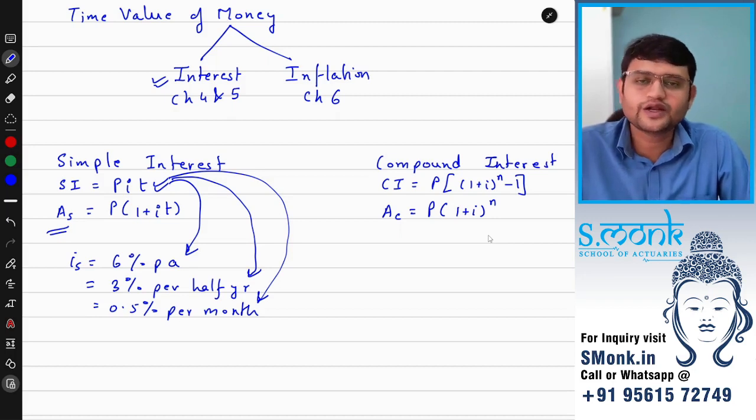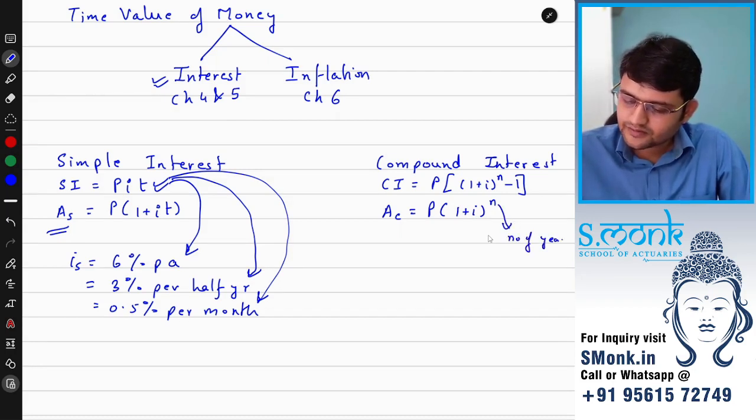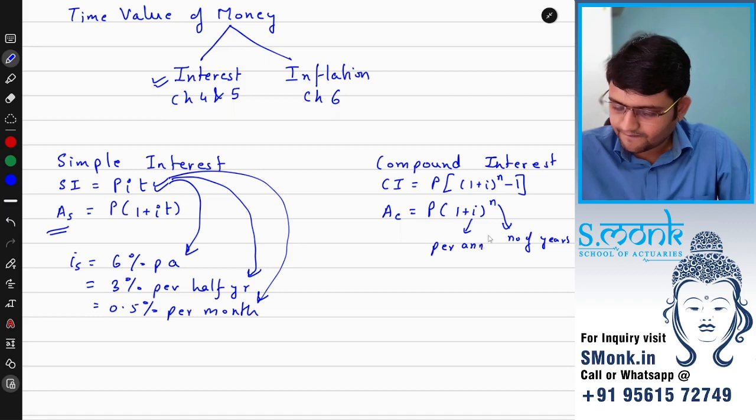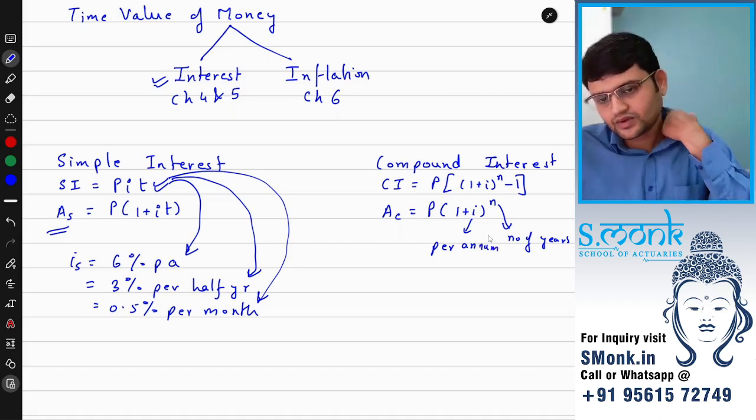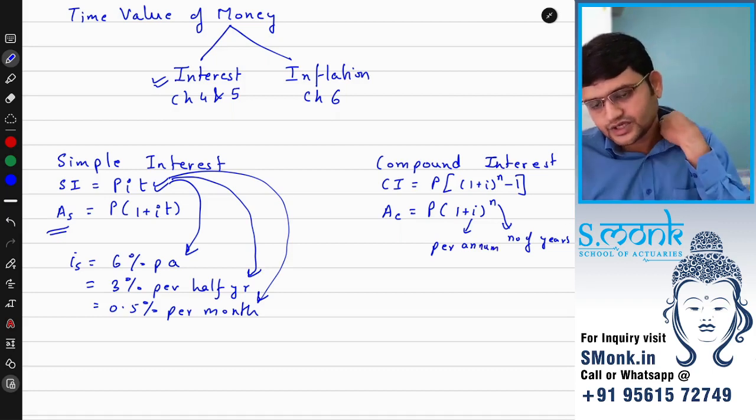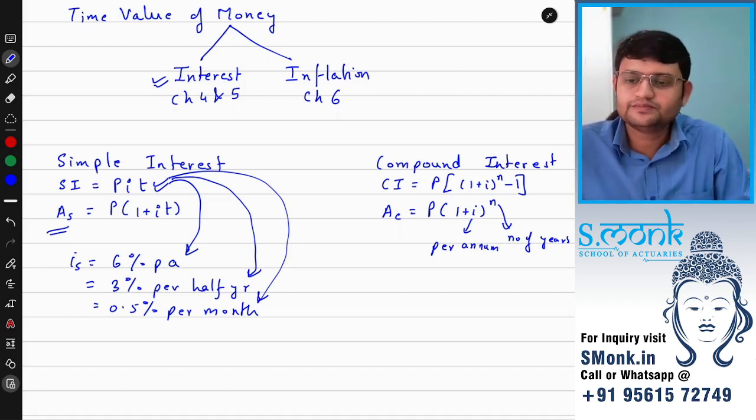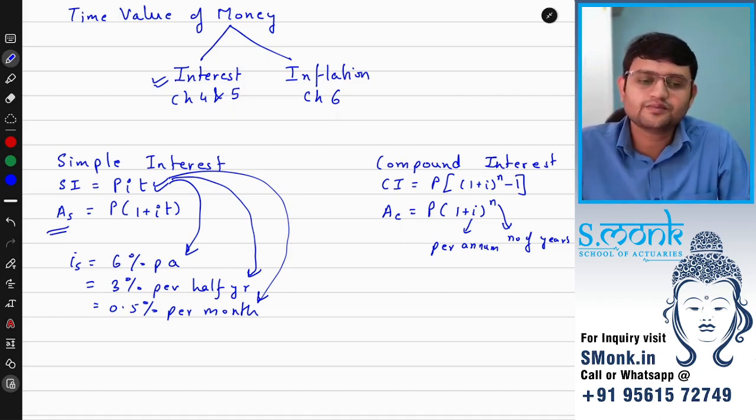You can convert one into the other. But when it comes to compound interest, we take n as number of years and I as per annum rate of interest.